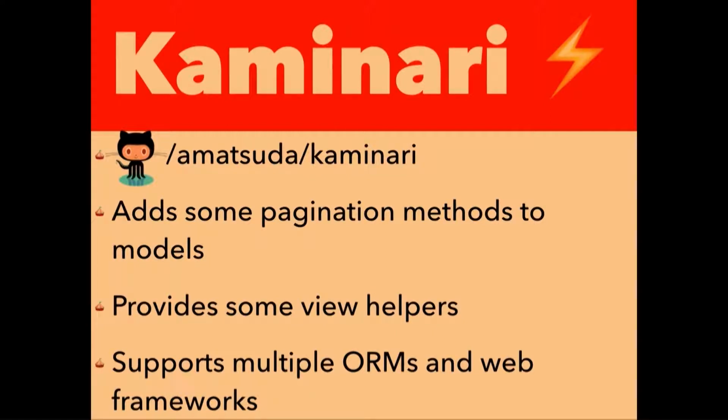Kaminari is a Rails plugin that adds pagination methods like page and per to your models, and it provides some view helpers for your Action Views, like paginate. And it supports multiple object relational mappers and web frameworks.